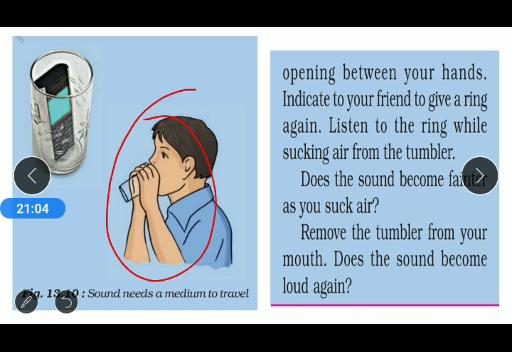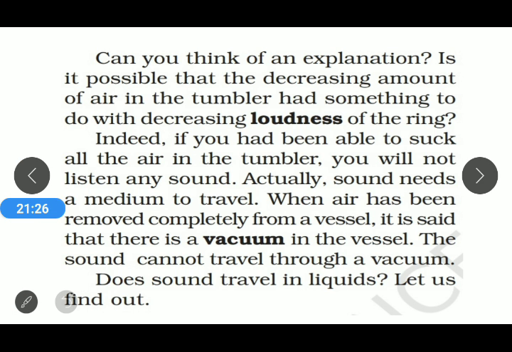Why does the loudness of the sound decrease? The reason is that as we are sucking out the air, it decreases the intensity of the sound. So from that activity, we can conclude that air also plays a very important role.